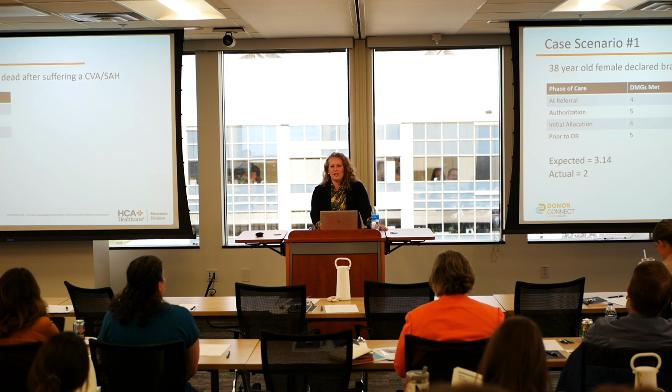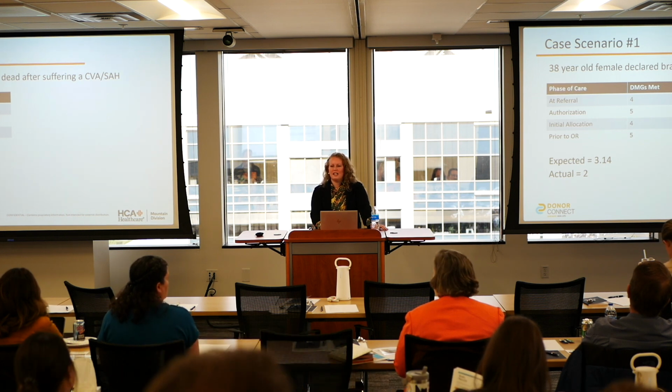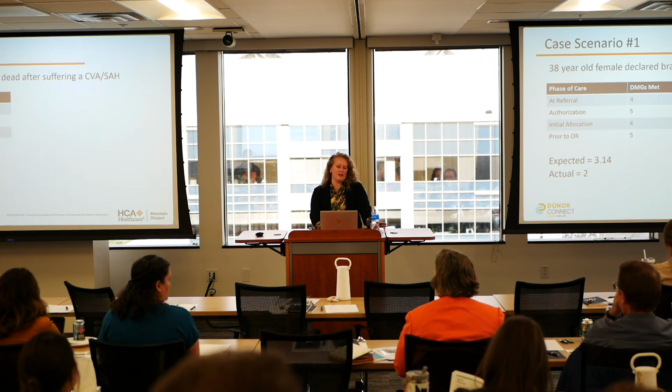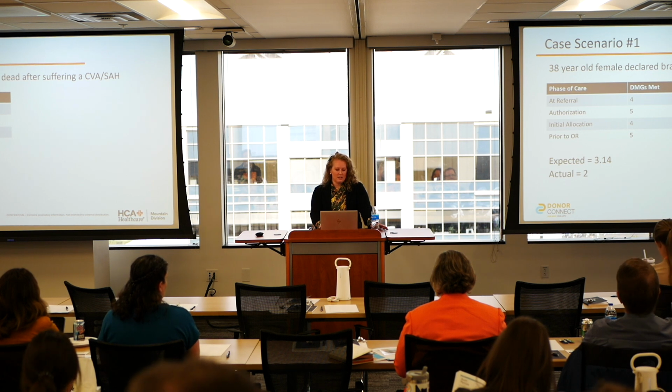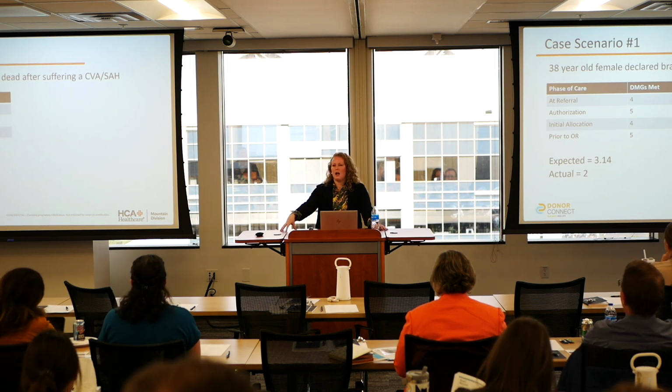This was a 38-year-old female who was declared brain dead after sustaining a CVA and a subarachnoid hemorrhage. At referral, her DMGs met were 4, at authorization 5, initial allocation 4, and just prior to the OR 5. The expected yield for her was 3.14 organs, and that number comes from the SRTR that was mentioned yesterday.